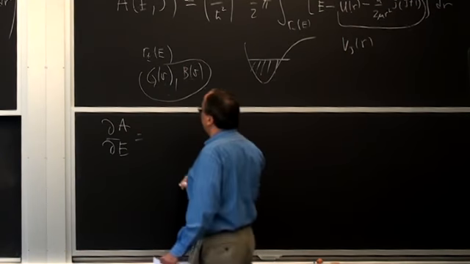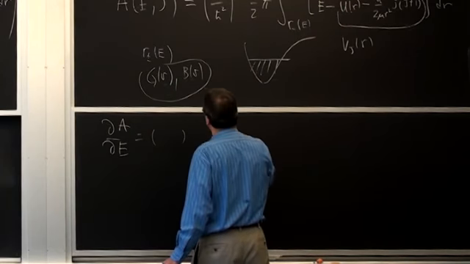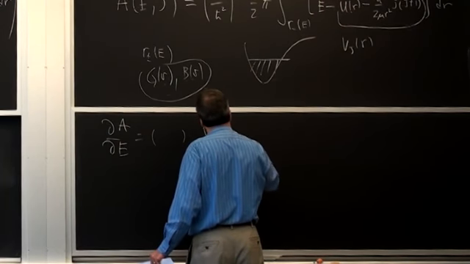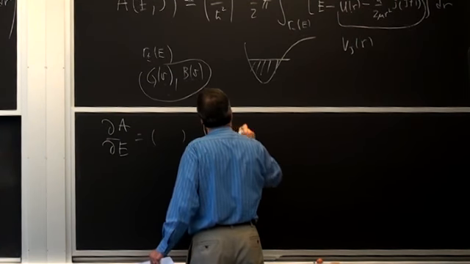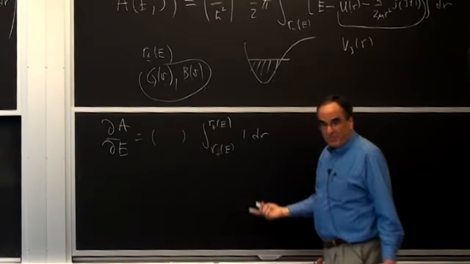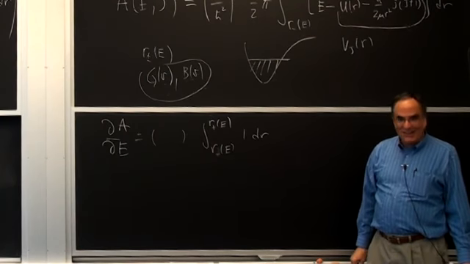So we get the constants out in front, and then we have the integral from r minus to r plus of dr. That's a pretty easy integral. Even I can do that one.